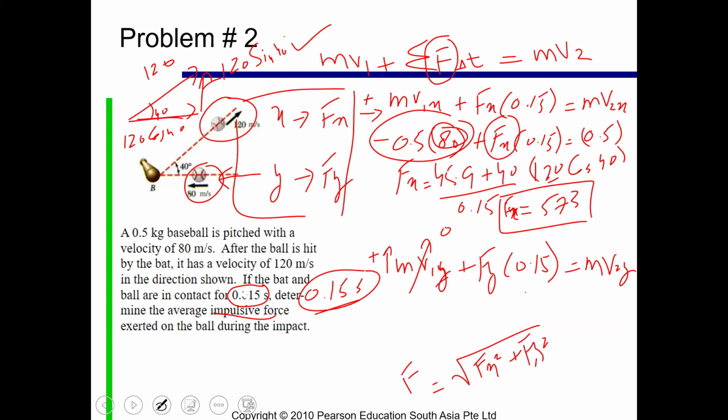What should I write on the other side? It should be 0.5 into 120 sine 40, right? So what is this when you solve it for Fy? How much Fy will be present? 120 into sine 40 into 0.5 divided by 0.15.